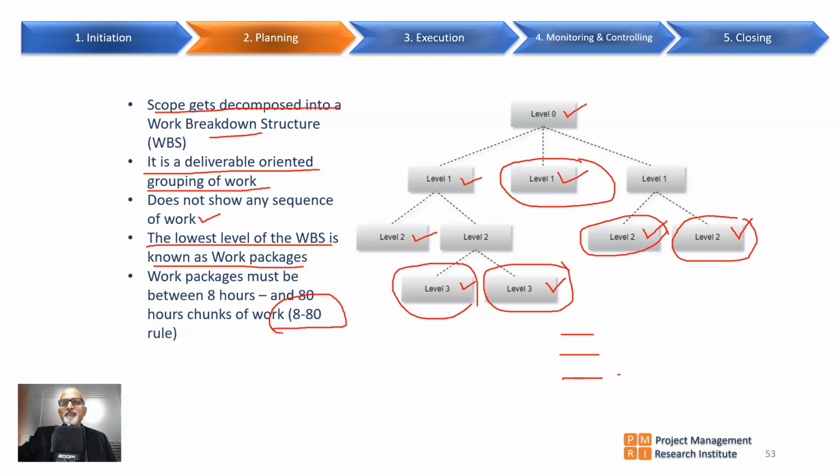For very large projects you can exceed this, and for very small projects maybe you can go below 8 hours also. And the rule of thumb is work packages should be between 8 hours and 80 hours of sizing. That comes in very handy when you really develop work packages.